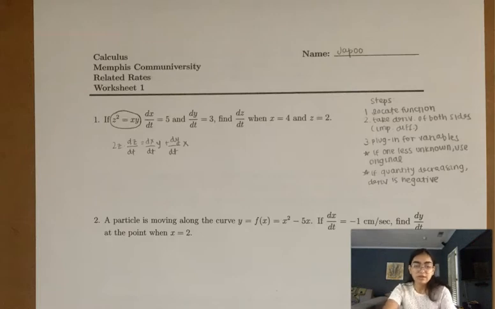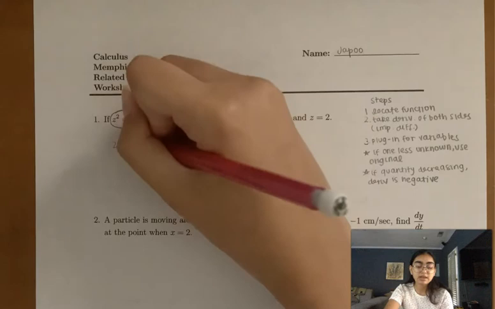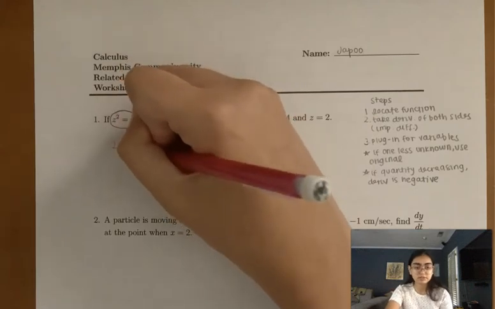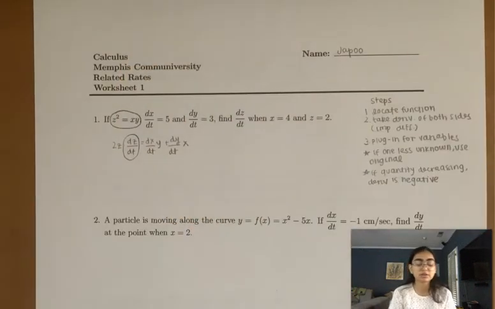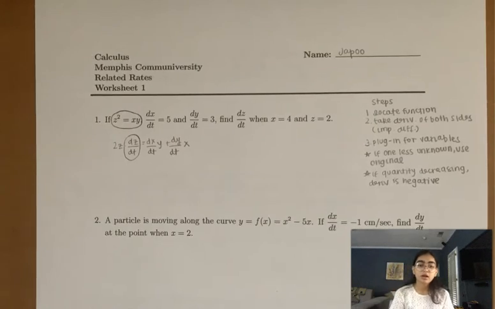Okay, so now that we've done that, we're going to keep going to step number 3. What we're trying to find in this case is dz over dt. That's what the question is asking, so I'm going to go ahead and circle that. And now we just have to plug in.